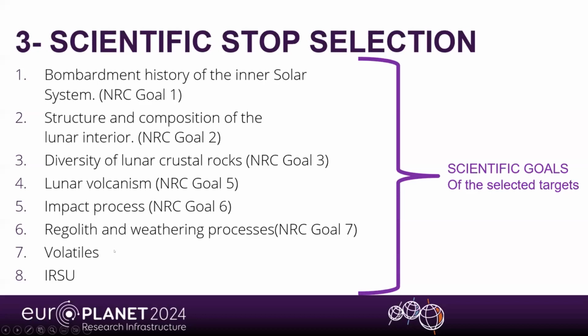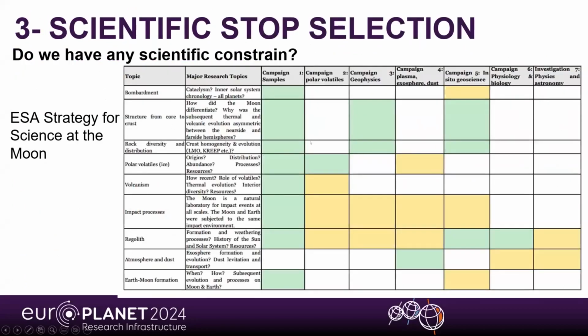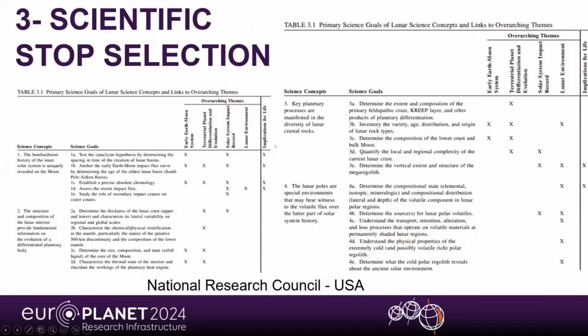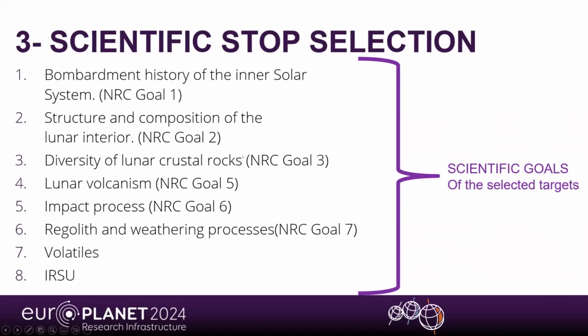We added to this list the volatiles and ISRU, in situ resource utilization, which are very hot tasks nowadays. But the fact is, we based on these tables to decide what to study in the area of Copernicus.